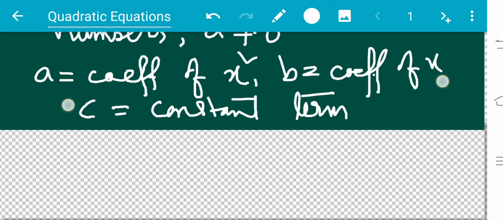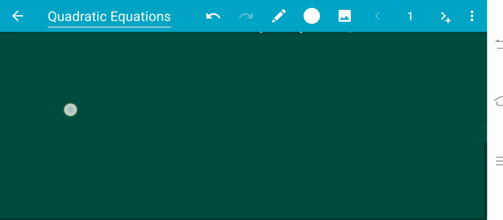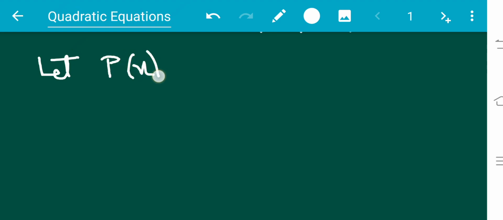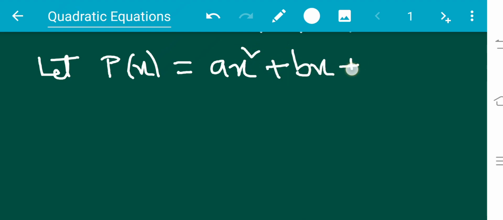Now let p(x) be equal to ax square plus bx plus c.